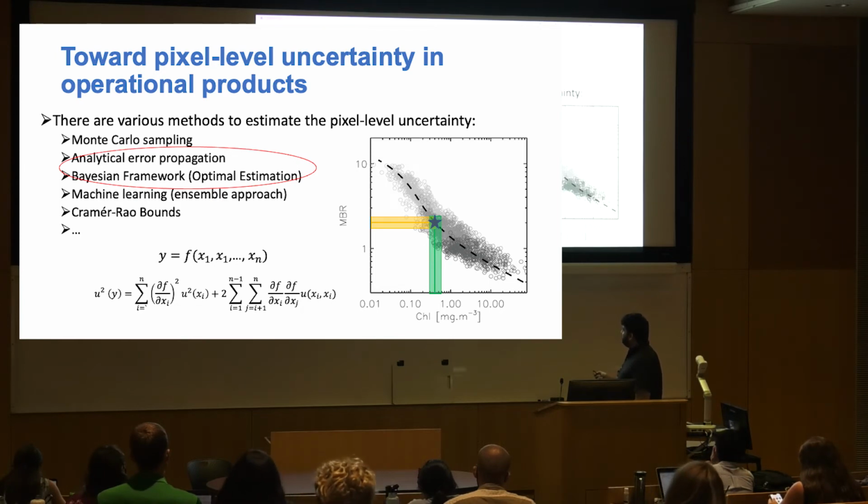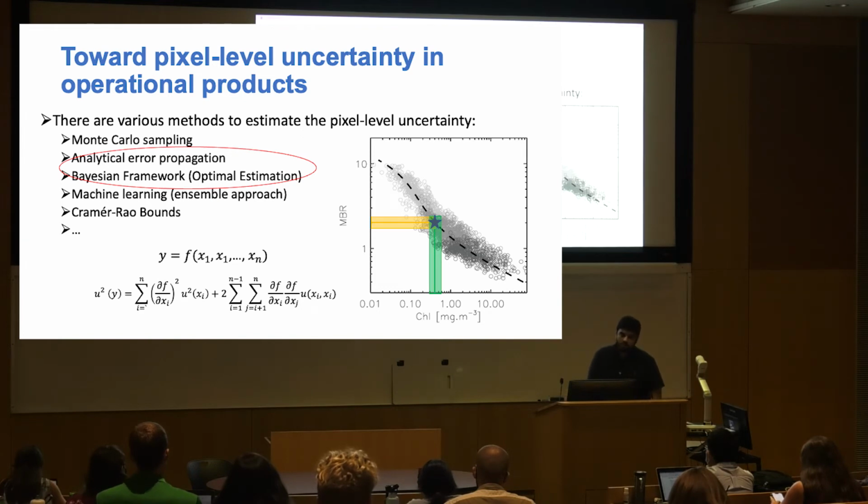So this is an equation that generalizes this idea. If you have an observed reflectance as a function of various parameters, say your radiative transfer model or your polynomial fit or whatever, you can calculate the uncertainty using these partial derivatives, given that you know the uncertainty in the reflectance itself.